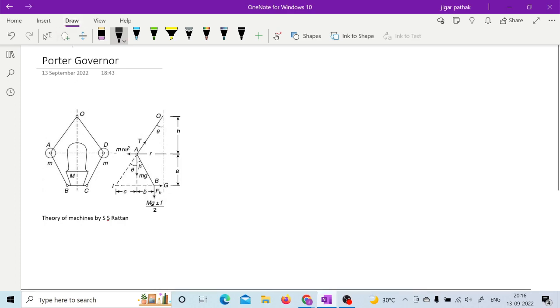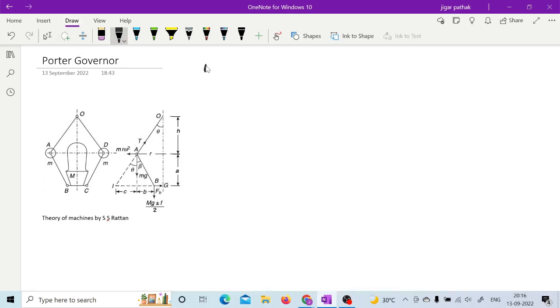So if you consider the moments of all these forces, sigma of moment about I is equal to 0. Then m r omega square into this distance a is anti-clockwise, and the moments due to the other two forces, mg and mg plus or minus f by 2, are in the clockwise direction.